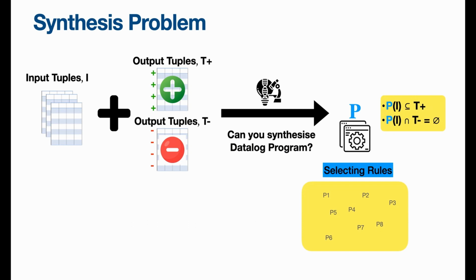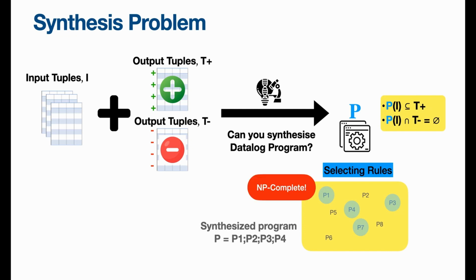So if you have a large number of candidate rules, as over here, for example, then the problem of synthesis is to pick the right subset of these rules such that the program behaves well on the input-output examples that you have.